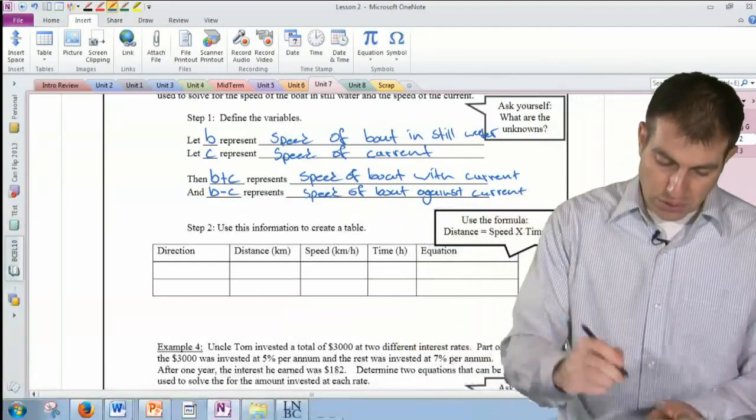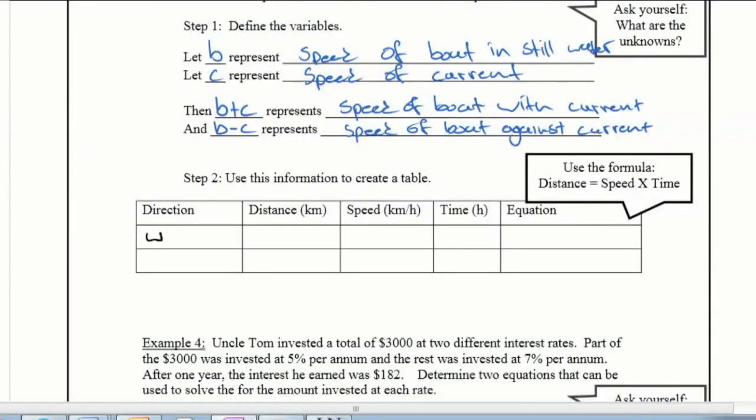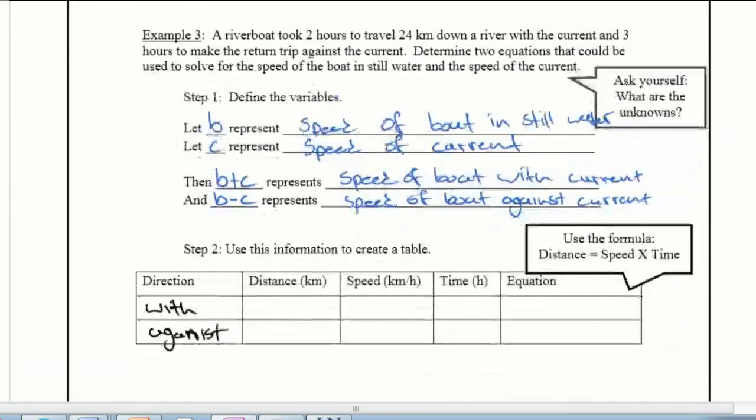All right, so we have two directions. We have a direction with the current, and we have a direction against the current. What distance are we traveling each way? So we're going 24 kilometers down a river. So it doesn't matter if we're going with the current or against the current, we're traveling 24 kilometers.